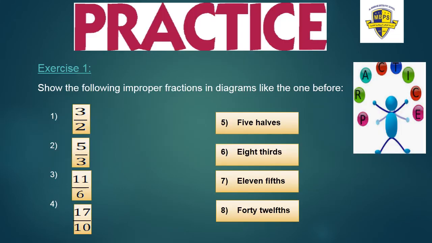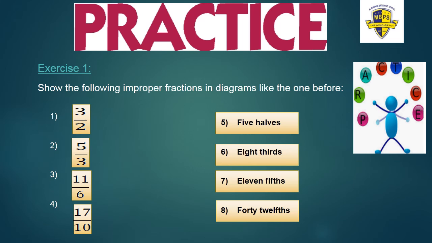Now we want to practice more. Stop the video, bring paper and pencil, colors also. We want to show the following improper fractions in a diagram. So we want to draw a diagram for each one of these. The first one, 3 out of 2.